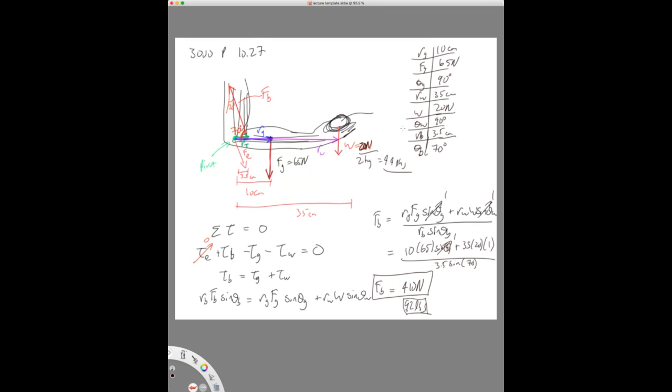This person with the length of arm they have and the geometry of their arm. They would have to be exerting a 500-pound force in their biceps in order to exert only a 25-pound force, or to lift a 25-pound weight.